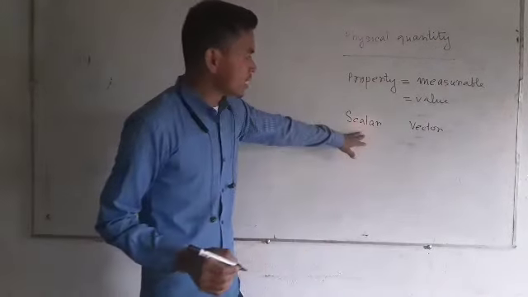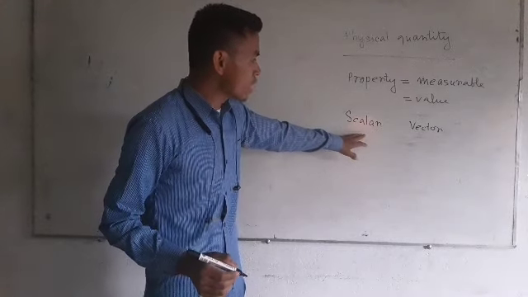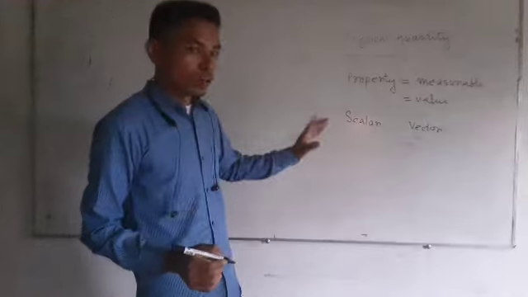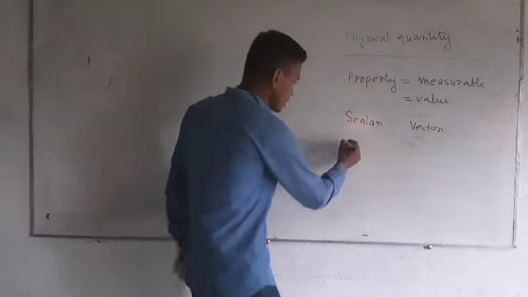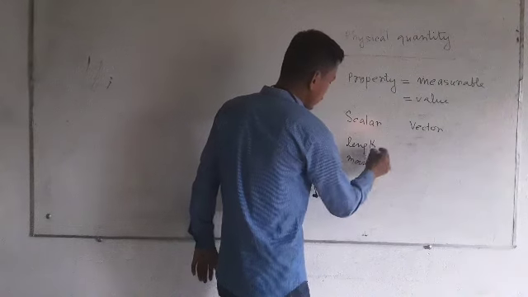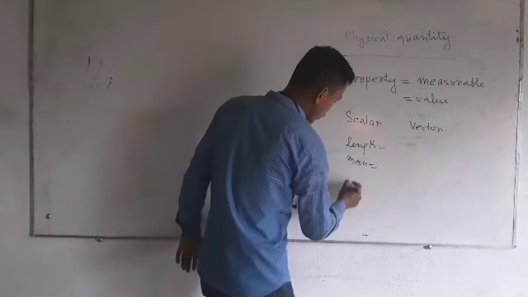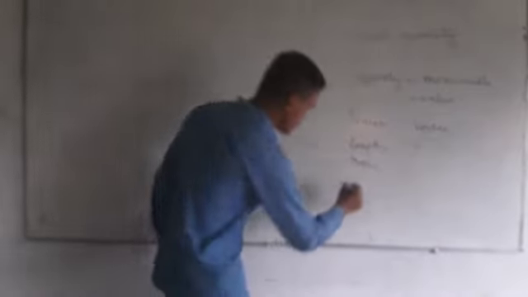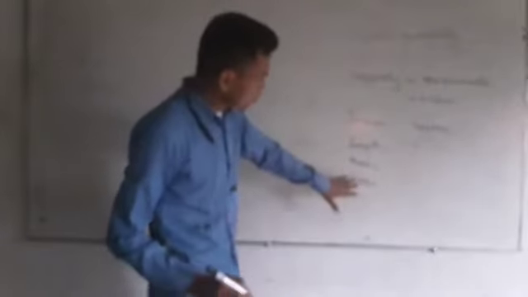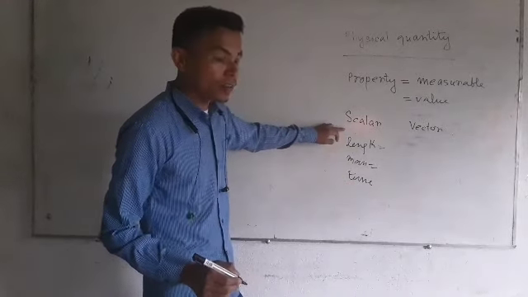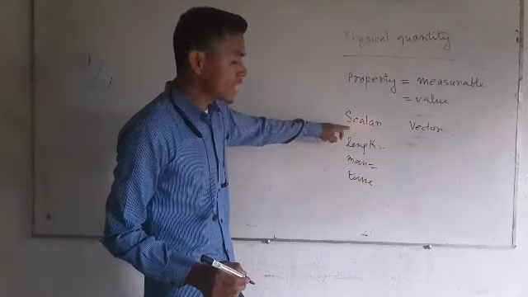For scalar quantity, to get the value of it, we need only the number, only the value, and not direction, such as distance, length, mass, and something like, say, time. To get the value of these quantities, we do not need any direction. Such quantities are known as scalar quantities.